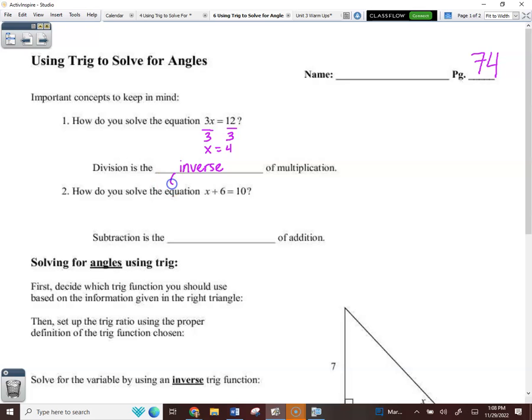So if you like the word opposite, you can write that if you want. But division is the inverse of multiplication. So how would you solve the equation x plus 6 equals 10? Subtract the 6. You would subtract 6, x would be 4, and that's because subtraction is the inverse of addition.